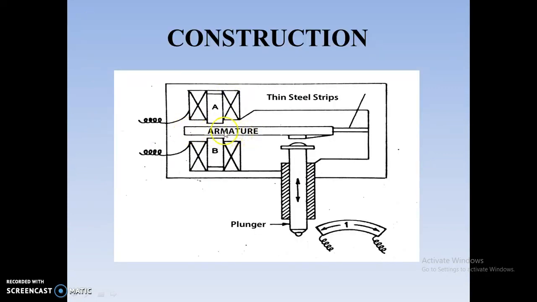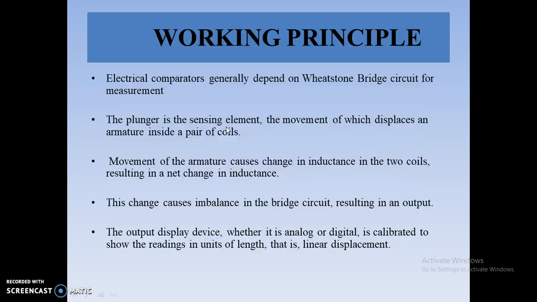Now I have already stated that the armature is placed midway between the coils A and B. When this plunger deflects this armature, the armature will move either towards coil A or towards coil B, as a result of which the balance condition is disturbed and an inductance change will develop. The movement of the armature will cause a change in the inductance of the two coils, resulting in a net change in the inductance.